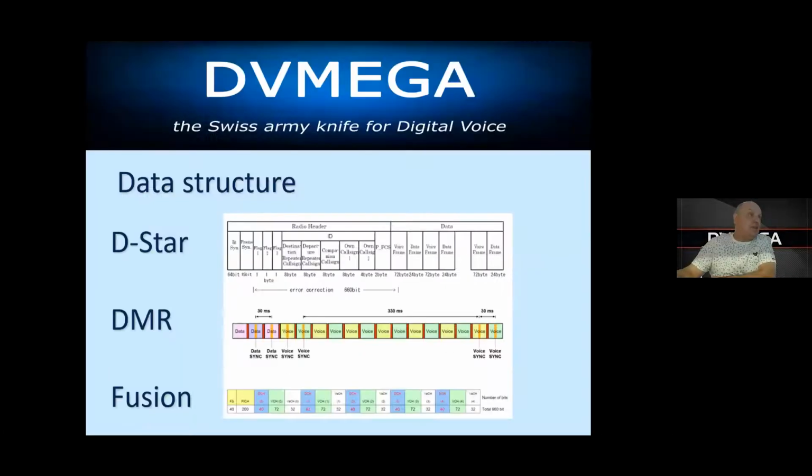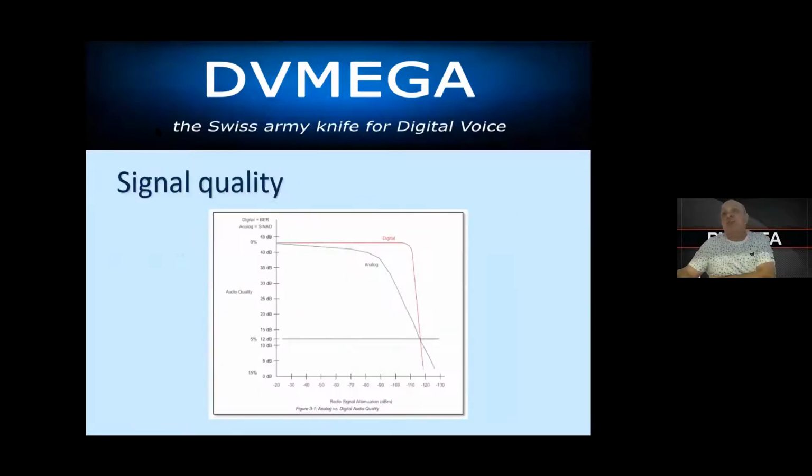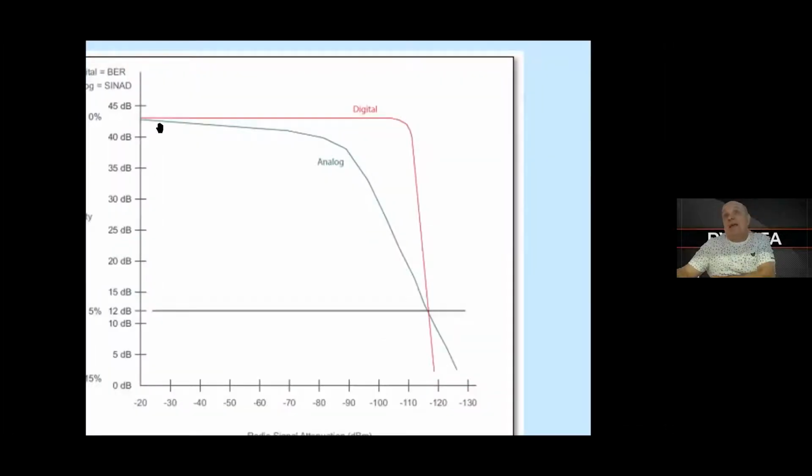That is the data structure. Then the signal quality of digital voice compared with analog radio. If you're moving away from the TX side, and that can be a repeater or another radio station, then in analog the signal becomes noisy.